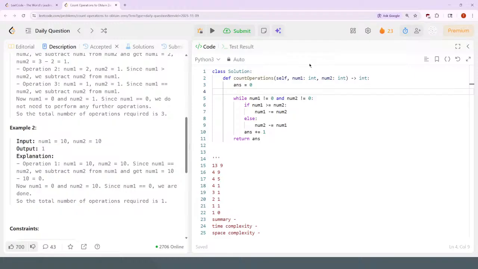Maybe I can make them, I want to do this so that I don't have to worry about a divided by b versus b divided by a. I just want to make num1 be the bigger one, num2 be the smaller one.